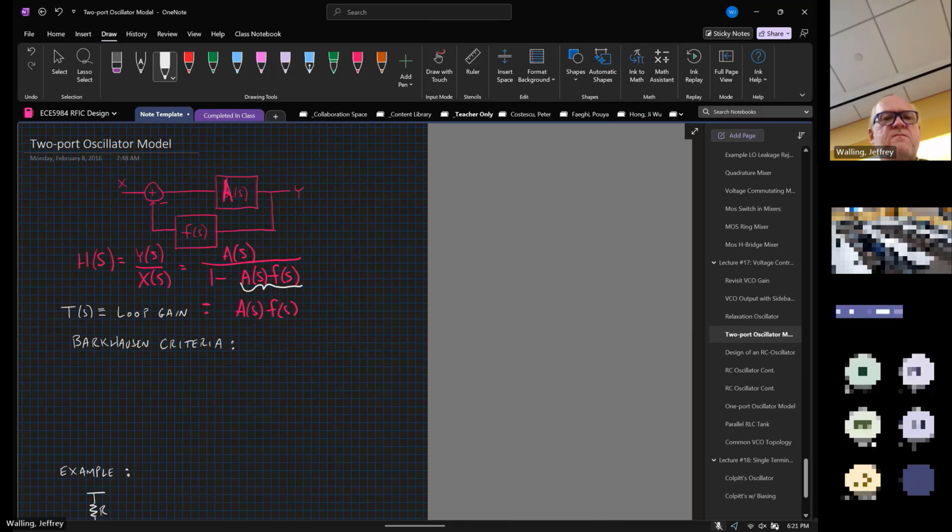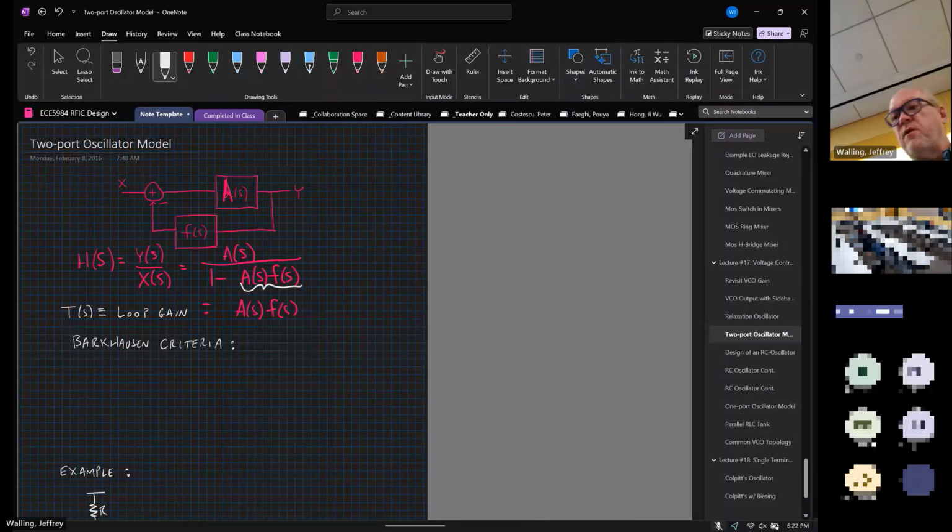And we can come up with a stability criterion. So if we wanted to make this thing unstable, what would we want A of S times F of S to be equal to? 1, yeah. If A of S times F of S is equal to 1, the denominator goes to 0, and this transfer function blows up to infinity, right?